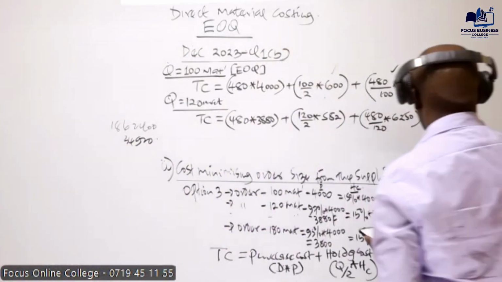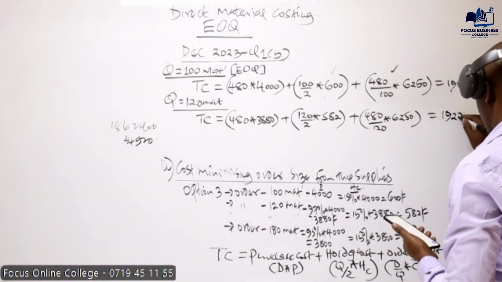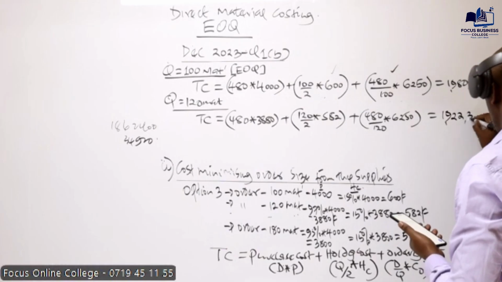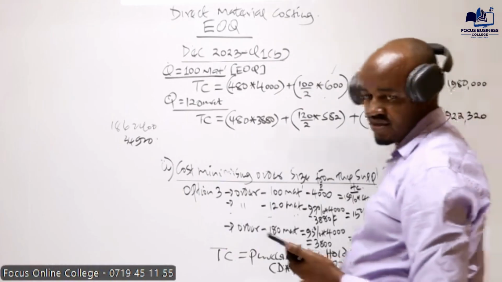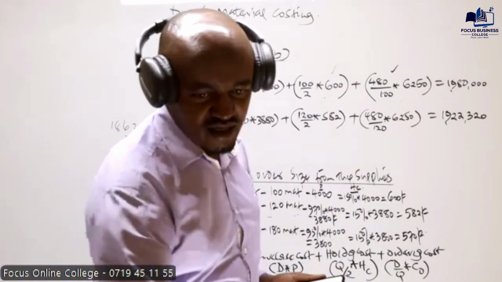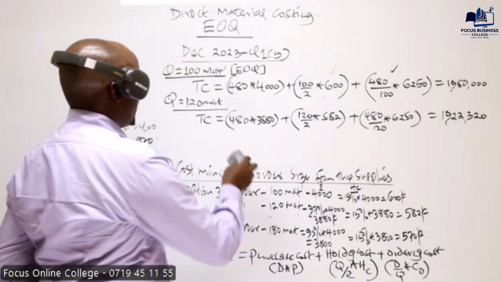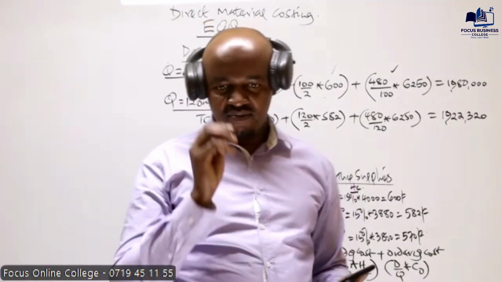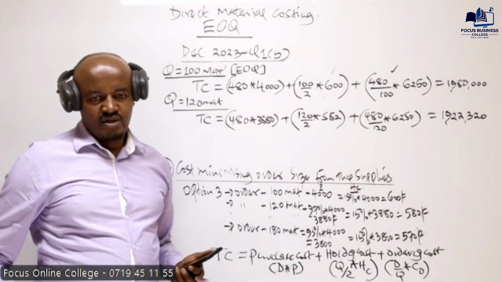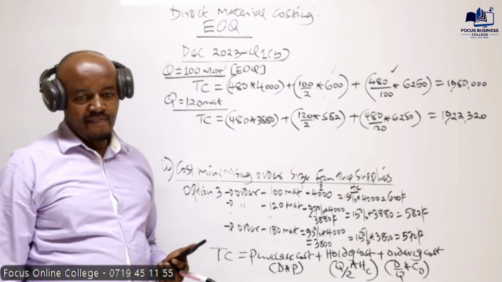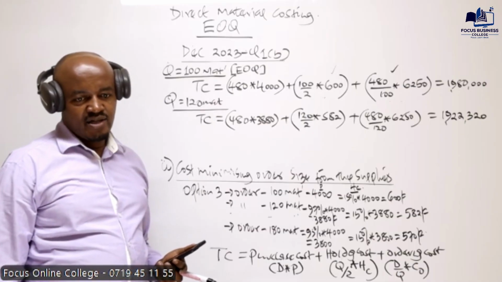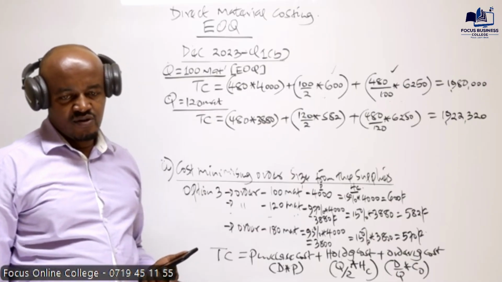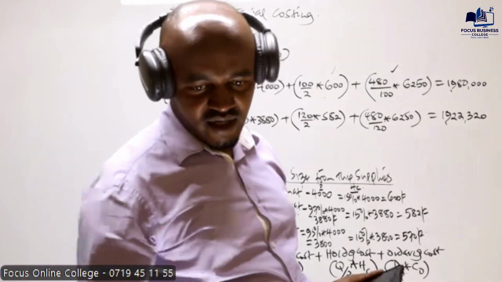I'm also getting 19,22,320. Yes, that is the figure I'm getting from Emma. Are you getting the same? Are you getting the same values here?